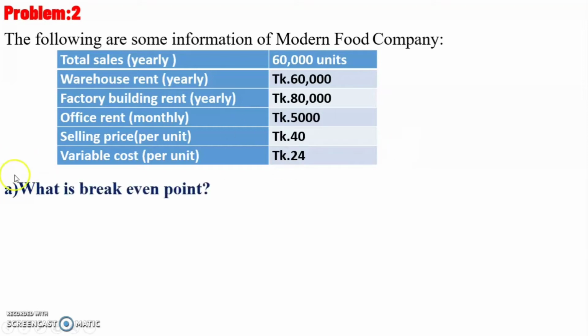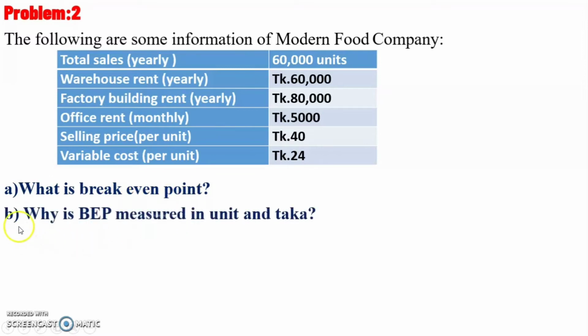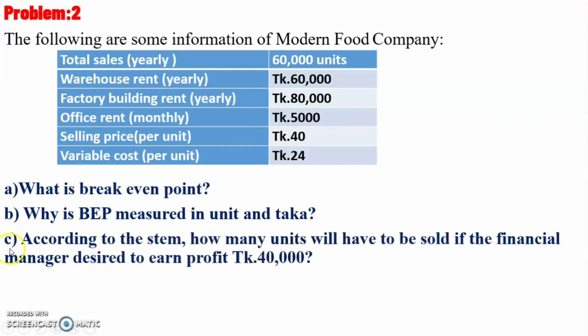Question number A, what is the break-even point? Question number B, why is break-even point measured in unit and taka? Question number C, according to the stem, how many units will have to be sold if the financial manager desires to earn profit taka 40,000?